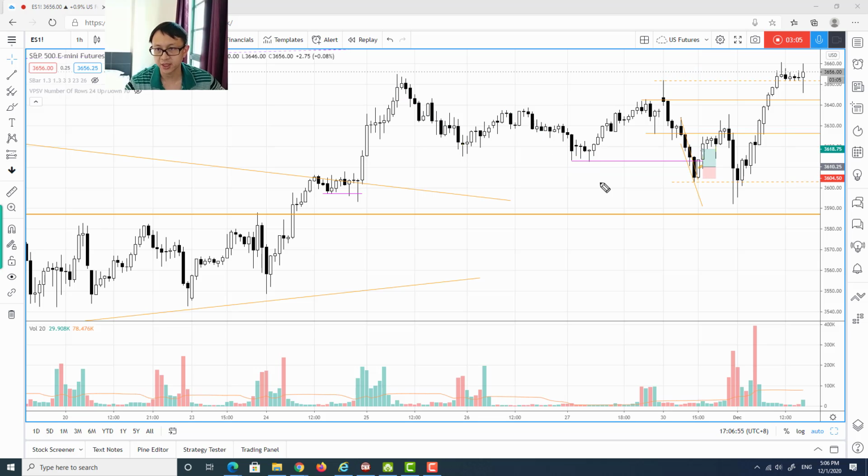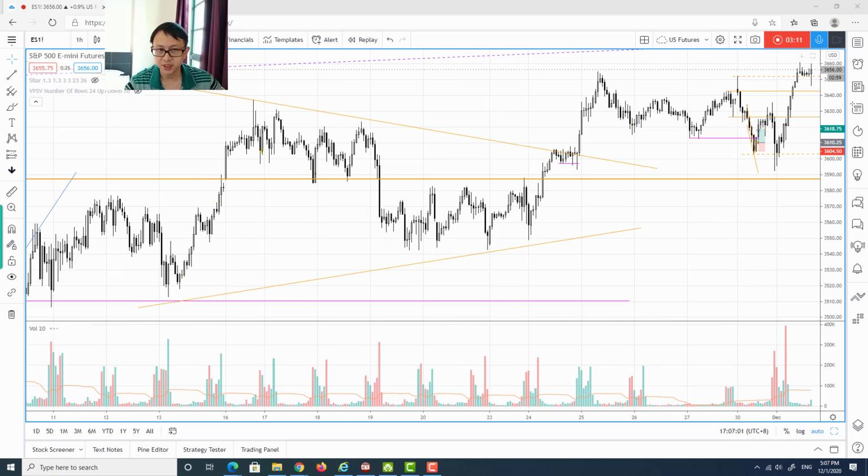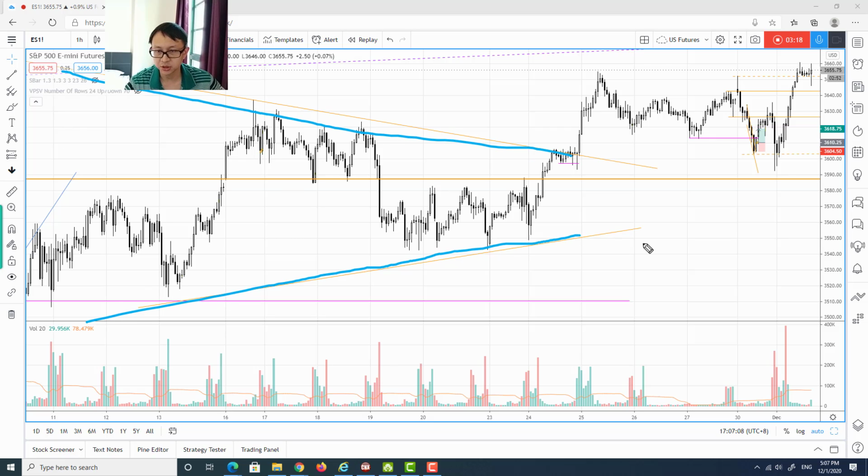But if you take a step back, this is actually still just a test when we talk about this apex formation. Here is the apex formation in the larger time frame, and we have a breakout pullback. The pullback is still ongoing.